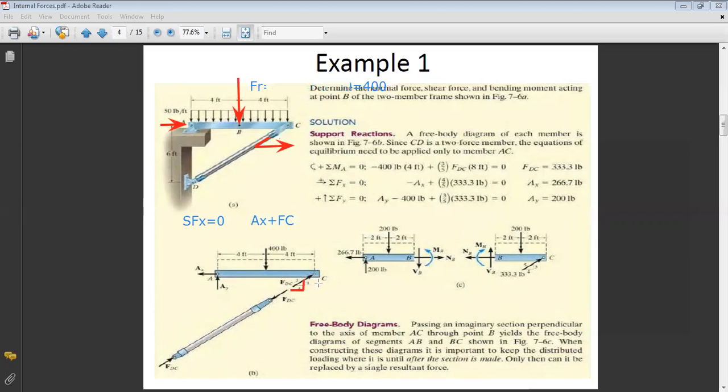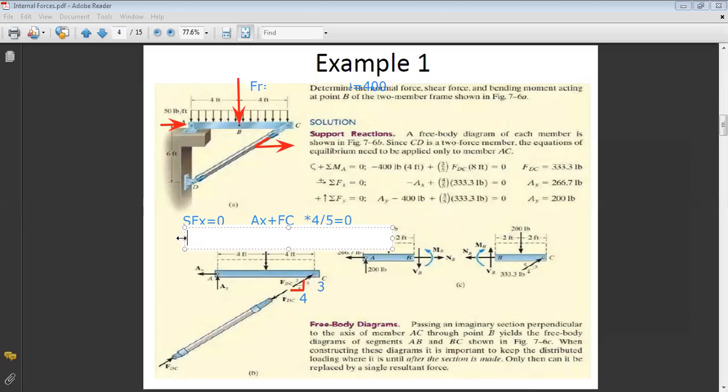I need cosine alpha now because I'm projecting on X. So it's 4 over 5. So I should multiply FC by 4 over 5, and this is equal to 0. This is my first equation.